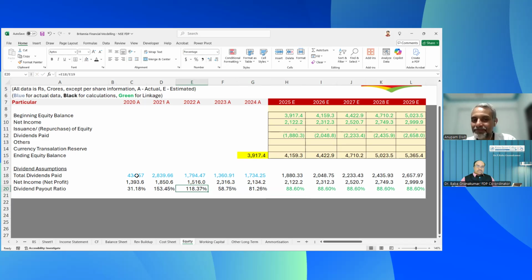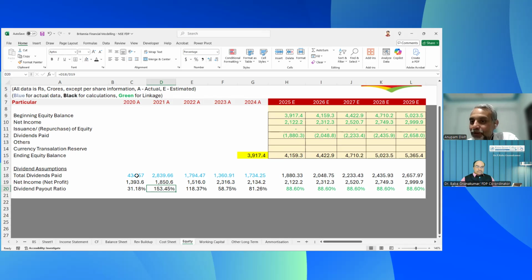One of the very interesting aspects was that for this company, Britannia, which is an FMCG, fast moving consumer goods company, in the year 2020-21, when most of the industry was suffering and sales had nosedived by 10, 20, 30%, the FMCG industry didn't do that badly.